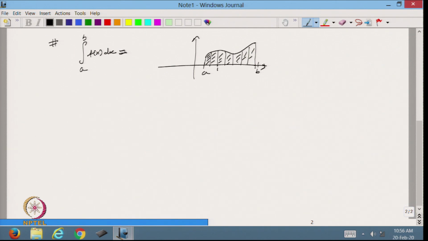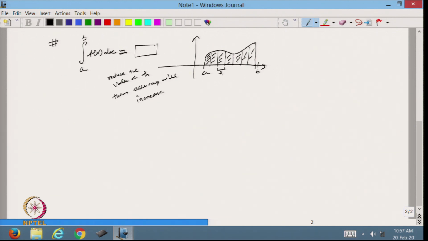Suppose this subinterval is h. For a small h, I will get some approximation of this integral, and then I can even reduce the value of h, then the accuracy will increase.